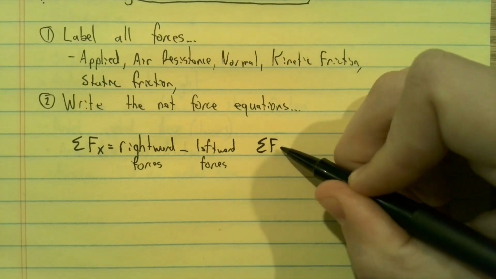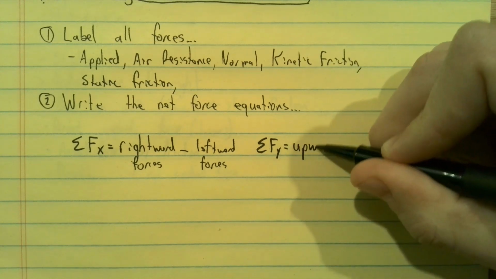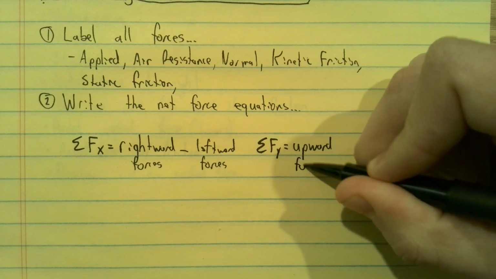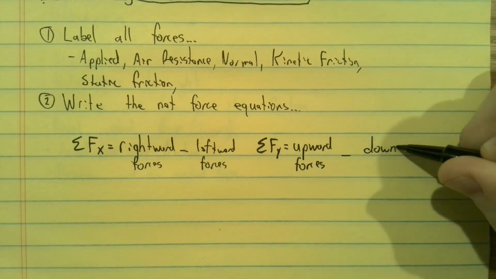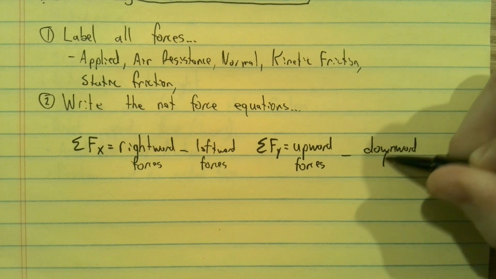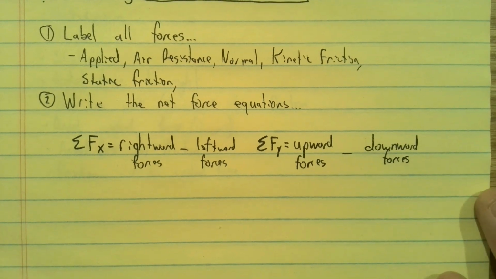Then sigma Fy will be upward forces minus downward forces. So the equations will differ depending on the forces that you label up here.